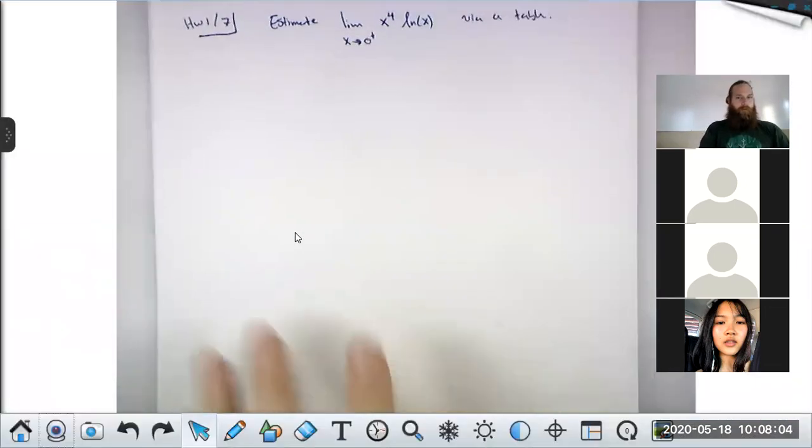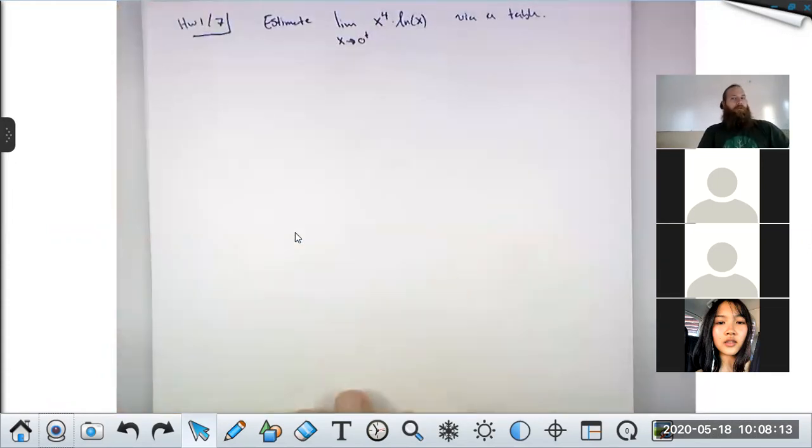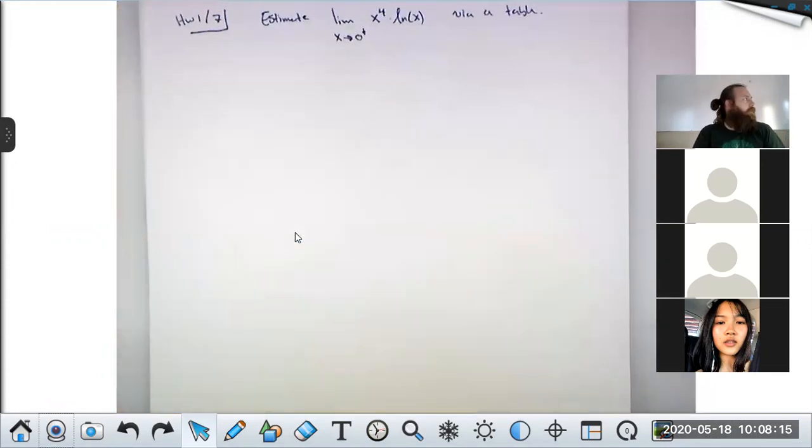Okay, so this is what I'd like to do. I'd like to estimate the limit as x goes to 0 from the right of x to the 4 times ln x. I didn't say it as we started the last one because we've worked that problem before, but what's wrong with just plugging in 0 here?